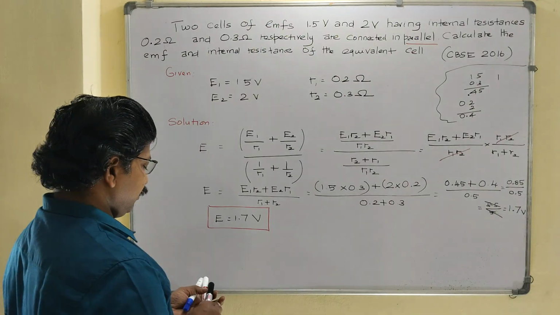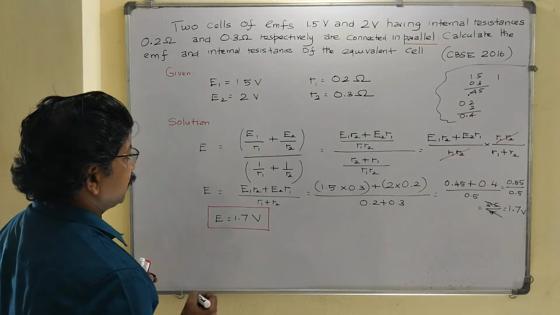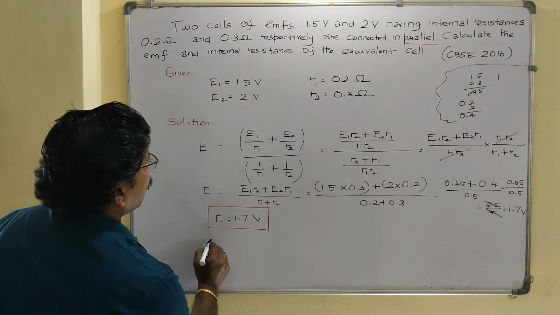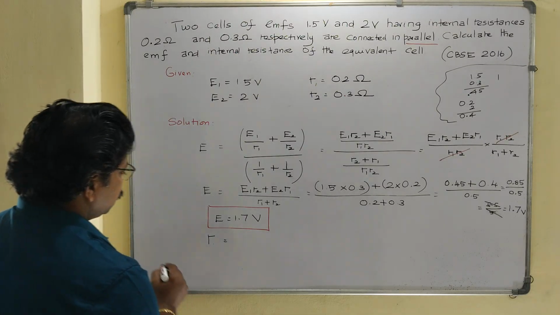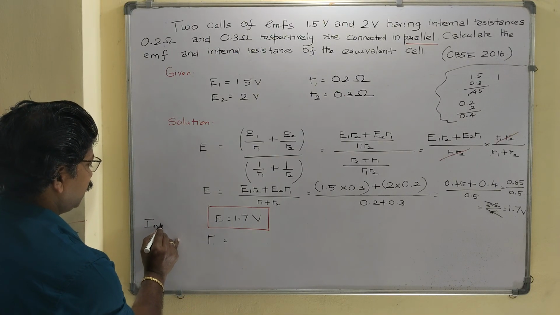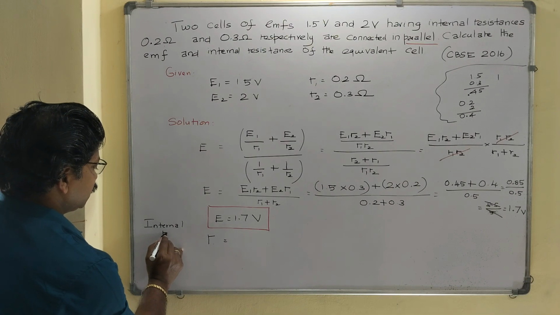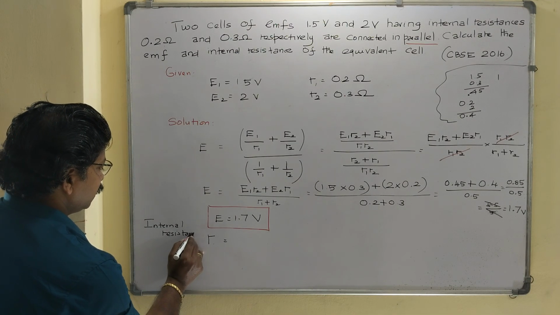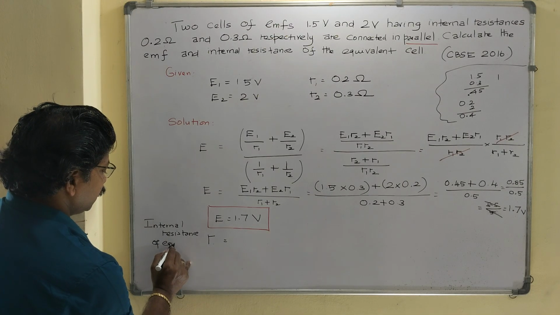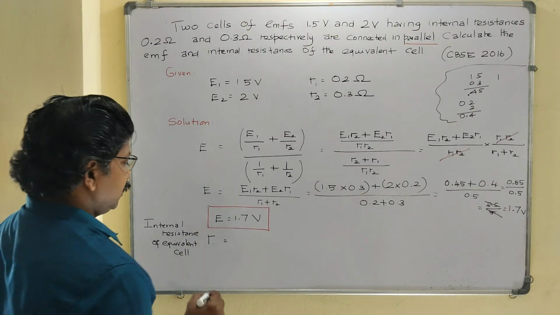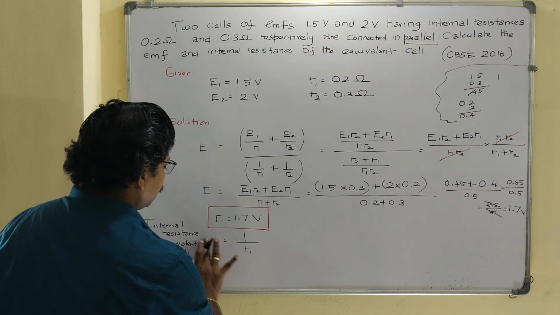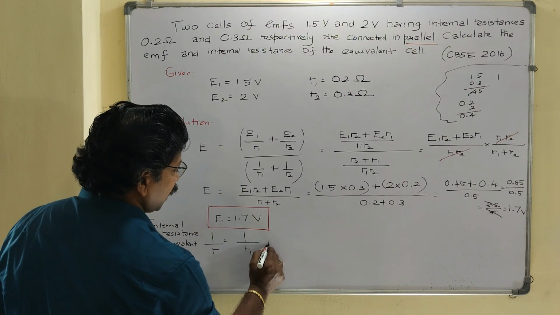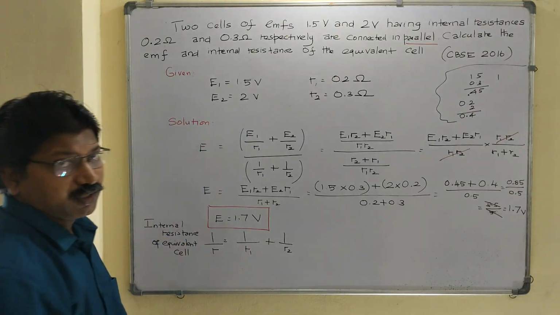We know the formula for the internal resistance of the equivalent cell R. The cells are in parallel, so 1 by R equal to 1 by R1 plus 1 by R2. You know the formula.